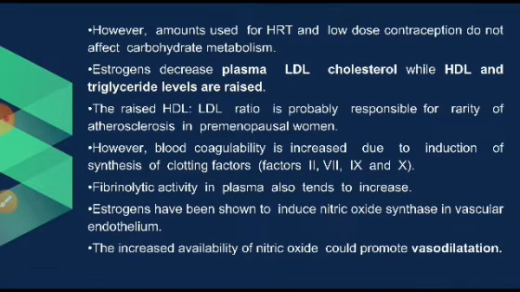However, the amounts used for HRT, hormone replacement therapy, and low-dose contraception do not affect carbohydrate metabolism. It means the doses used for hormone replacement therapy and contraception actually do not affect carbohydrate metabolism.